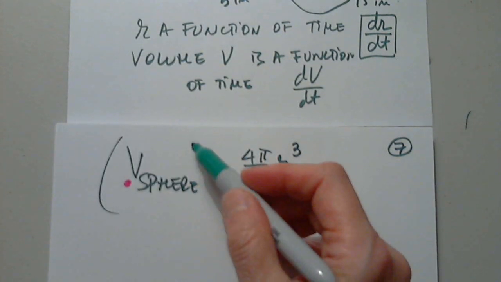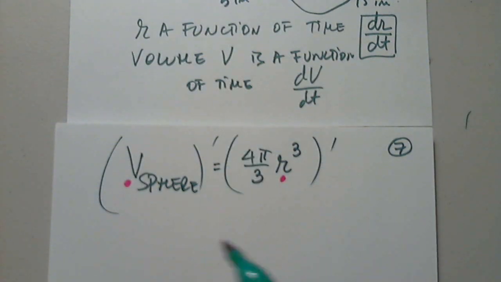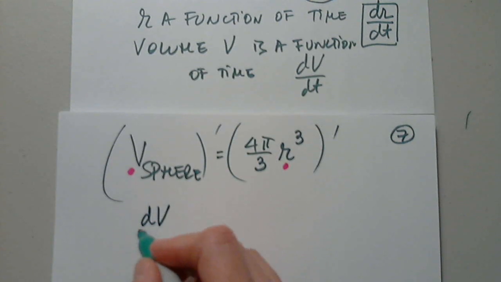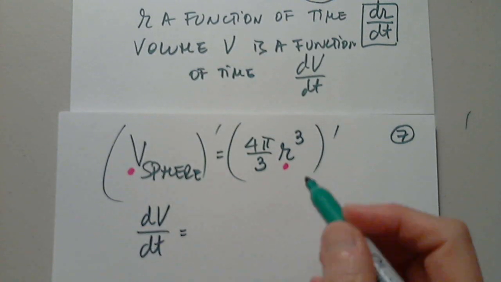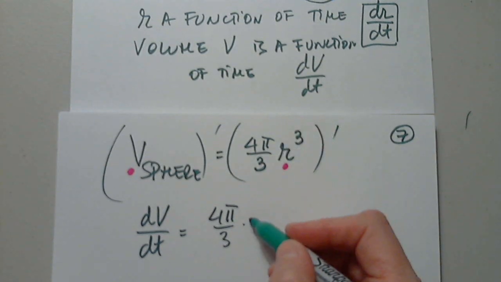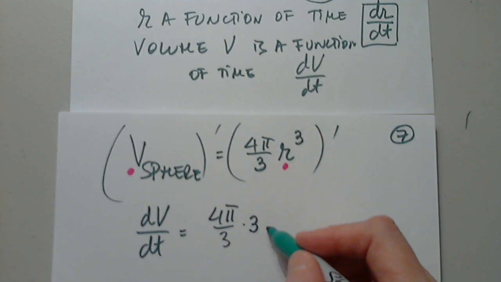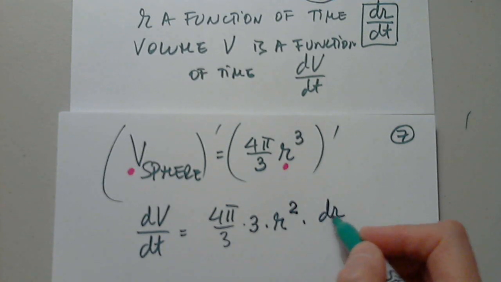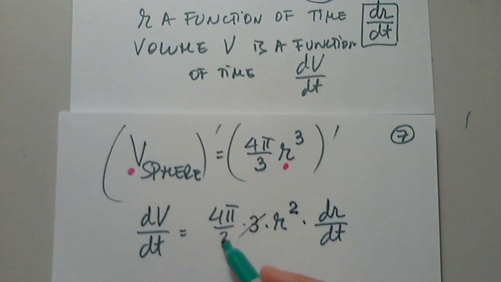And now when I differentiate, as we just did implicitly, this becomes dv over dt. This, bring down 3, because it's a function, multiply by r squared times dr over dt. Yes, I'll simplify. Here's the point I'm making.